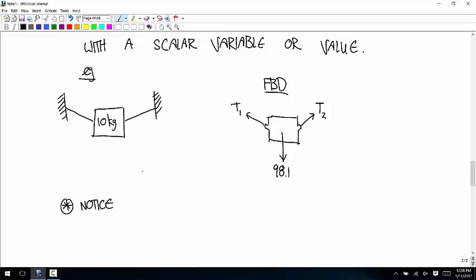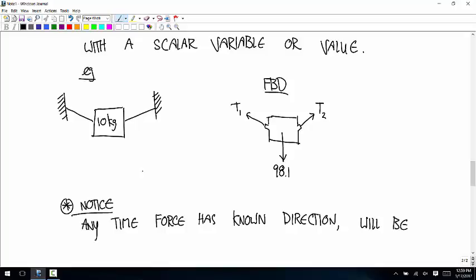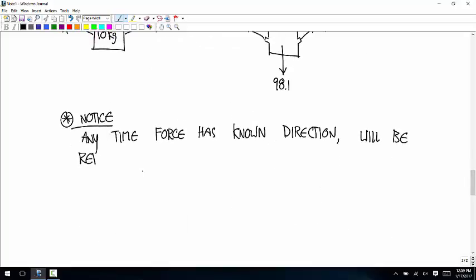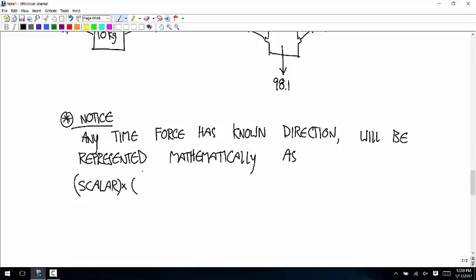So notice, anytime a force has a known direction, it will be represented mathematically as a scalar times a unit vector.